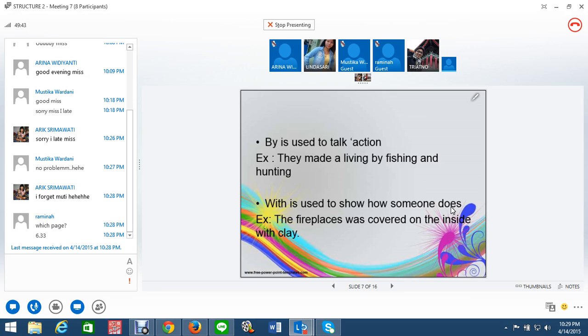Here the means should be a noun. With clay, here is a noun. With fireplaces, here it talks about means. So that is the function of with: how someone does something, with what tool, what object is used. You get it?